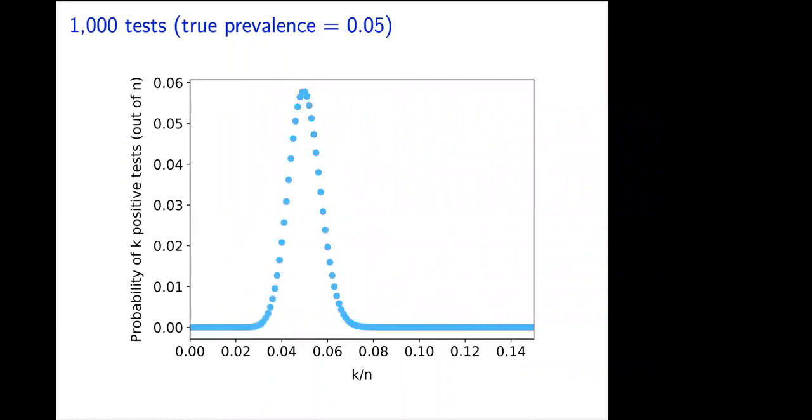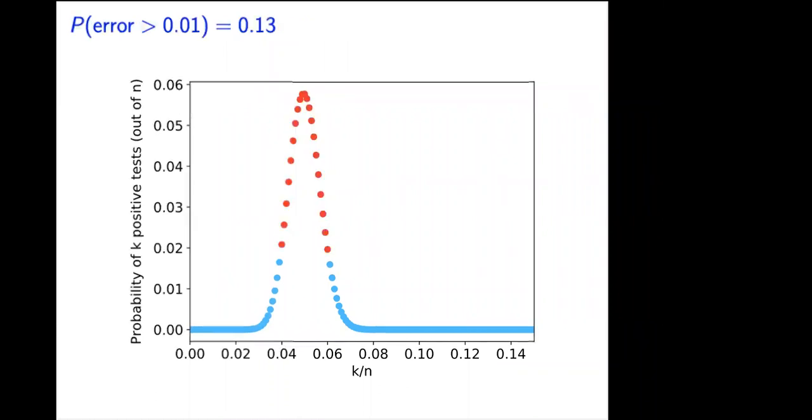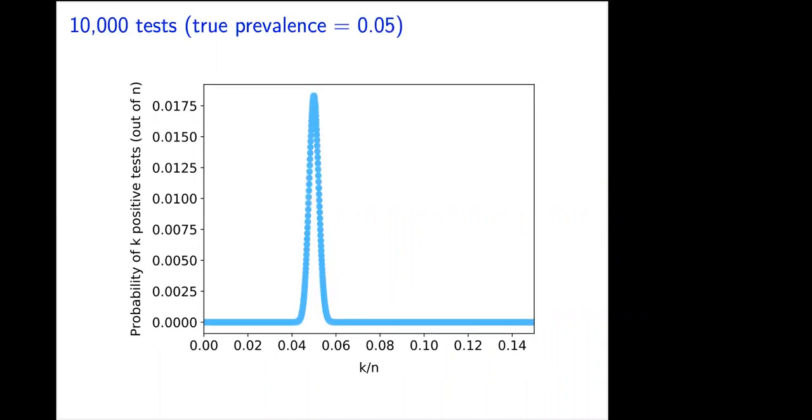Oh, look at that. It looks way less skewed. And the probability of ending up very close to 5%, with an error, meaning how far you are from the true average of 0.05, is really low, 0.13.